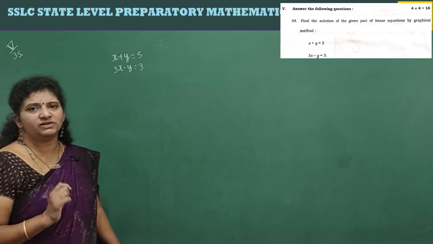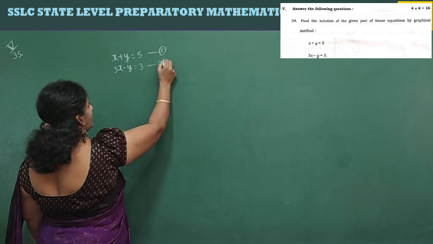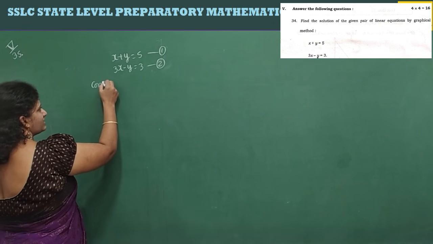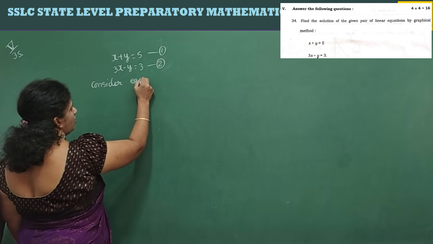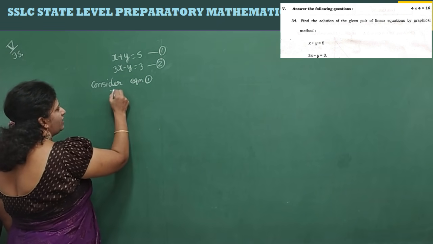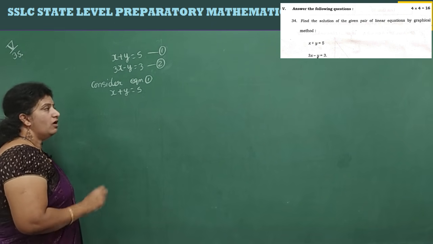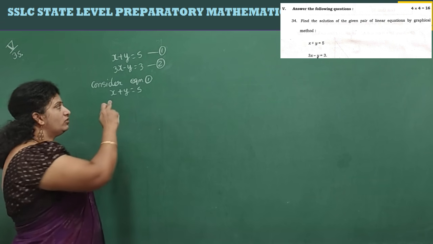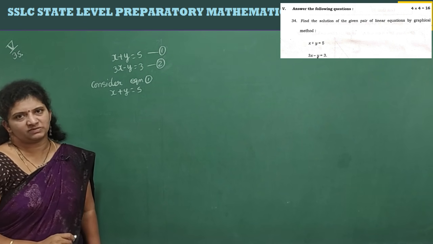It is very simple, children. Don't panic. Mark one of the equations as 1, another as 2. Right? In graph sheet or the back side of a graph sheet, consider equation 1. What is equation 1? x plus y is equal to 5. Okay? Always, for this pair of linear equation graphs, you need to rearrange the equation in the form of y is equal to mx plus c.